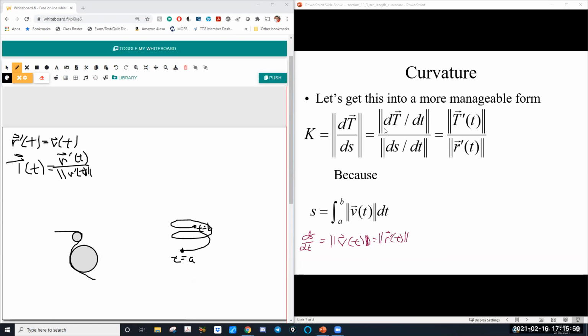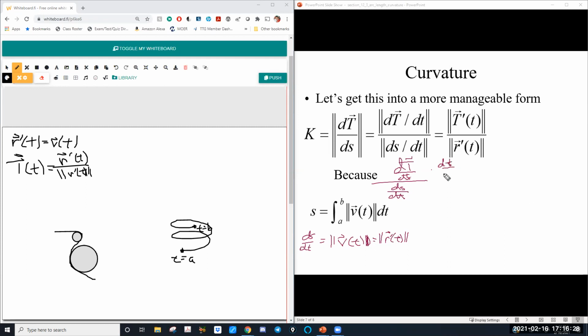So we're kind of doing the reverse of the chain rule. Basically what's happening is, if we're doing dT/dt divided by ds/dt, well, when we divide by a fraction, we flip and multiply.